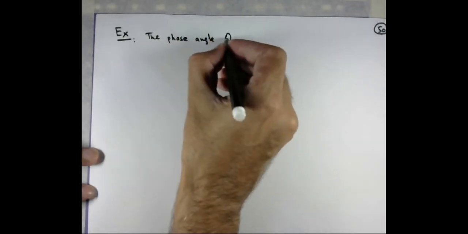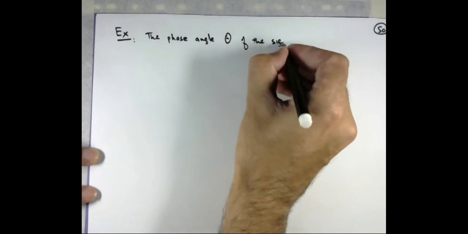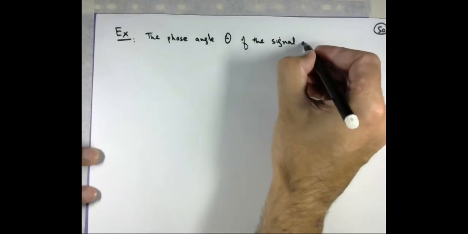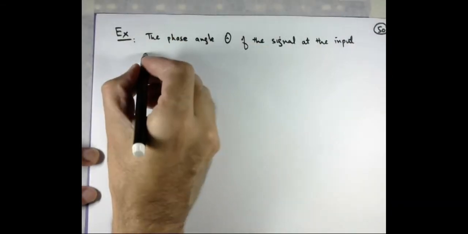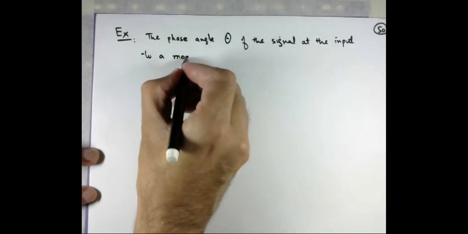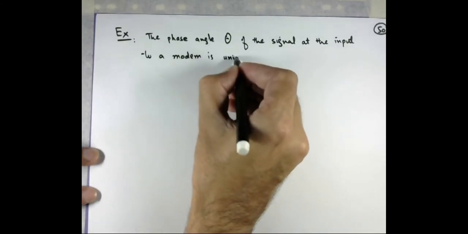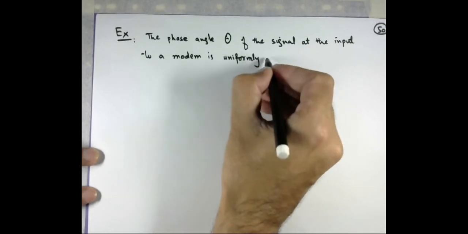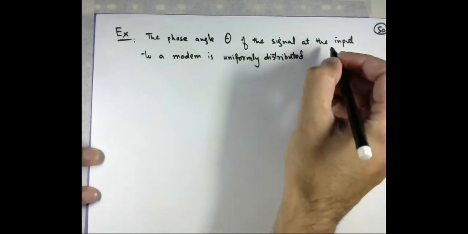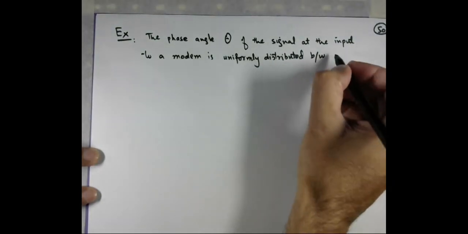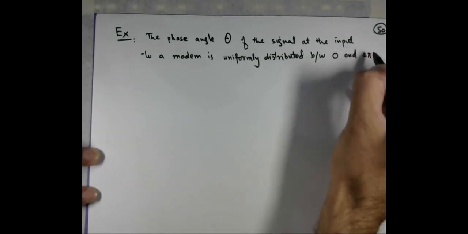The phase angle, call it theta, of the signal at the input to a modem is uniformly distributed between 0 and 2 pi radians.